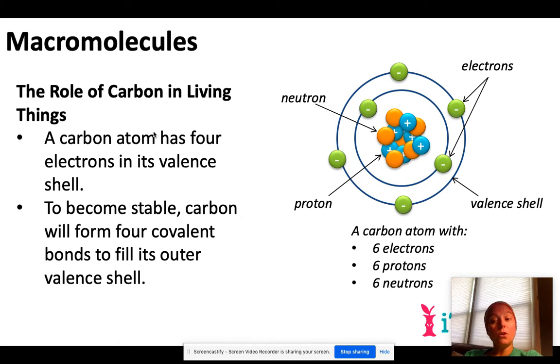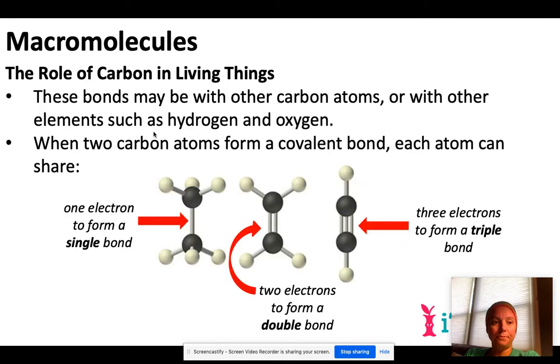And the other thing is that it's covalent. So instead of becoming positive or negative through giving up or taking electrons, carbon is actually going to share. Any bond it forms, it's sharing its electrons, and so it forms really strong bonds with any atom that bonds with it.